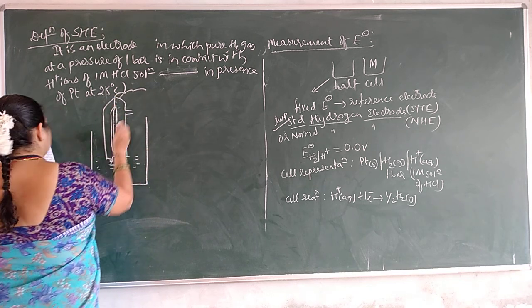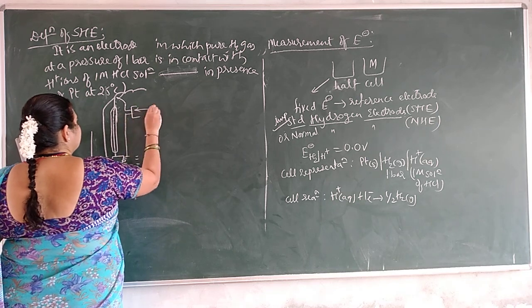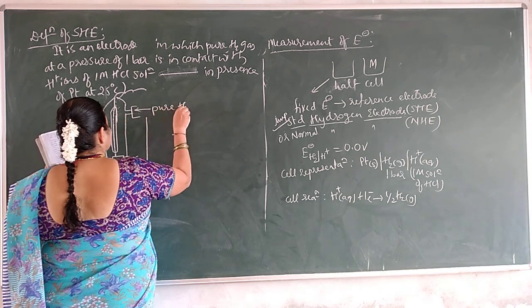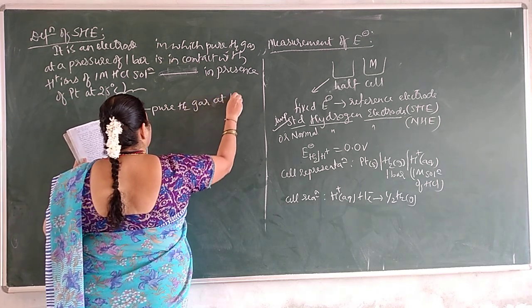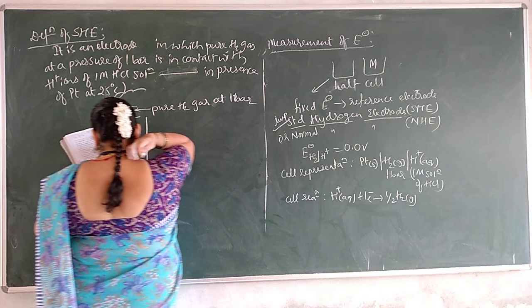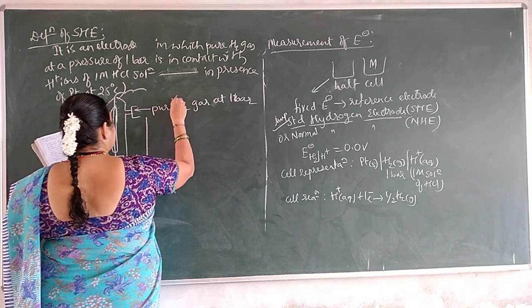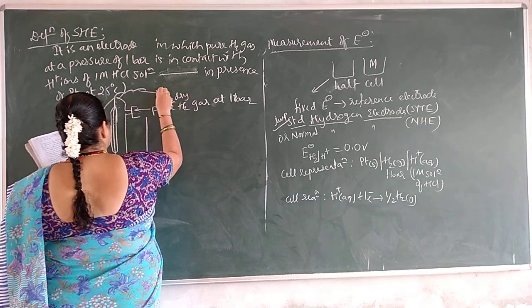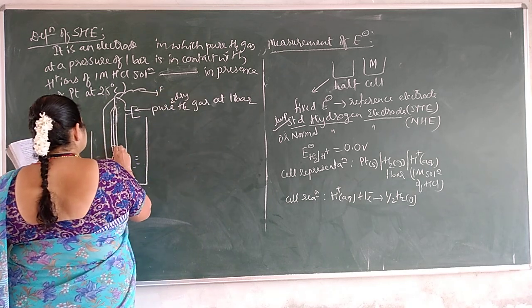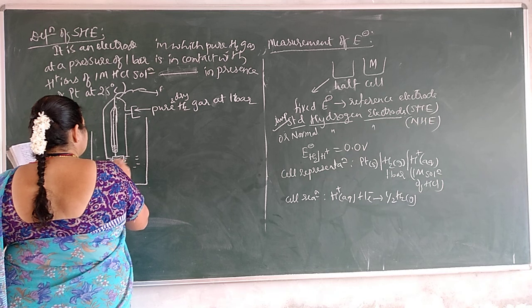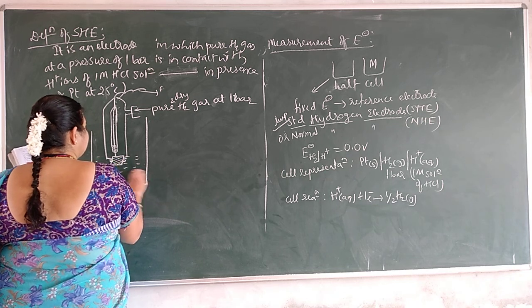Here pure and dry hydrogen gas at 1 bar pressure. This is the wire for the external connection. Here there is mercury, and it is a platinum foil.